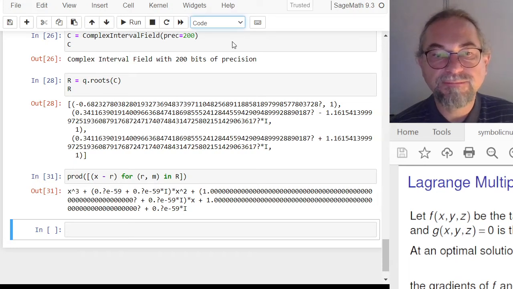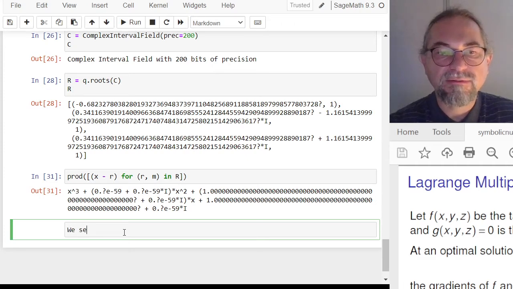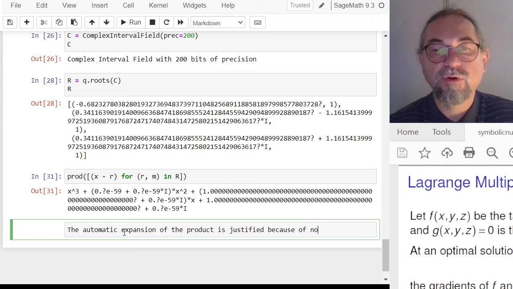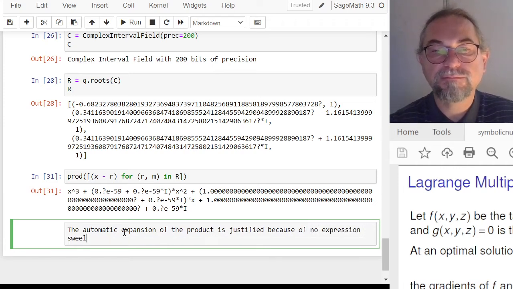And in some sense, there is an interpretation. We see that the automatic expansion of the product is justified because of no expression swell.